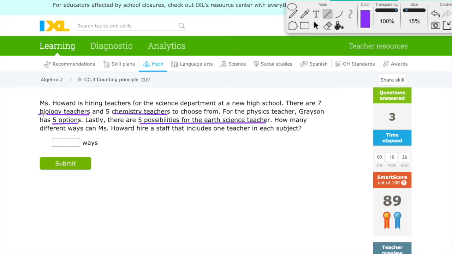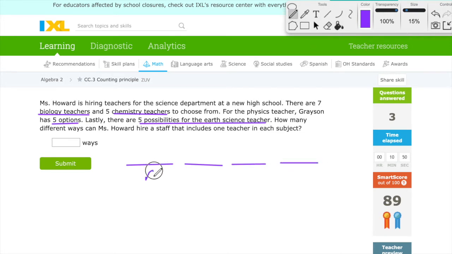So we have biology teachers, chemistry teachers, physics teachers, I underlined the 5 here, same thing, and earth science. So those are 4 different things here: 1, 2, 3, 4.